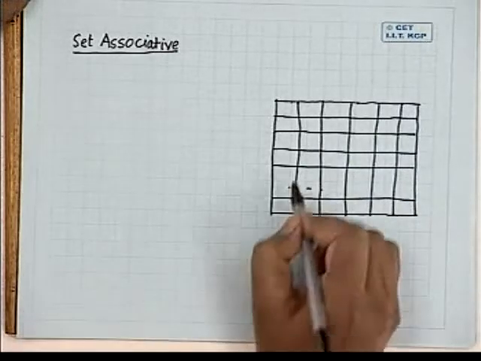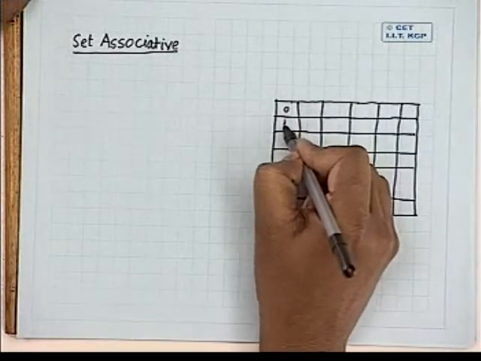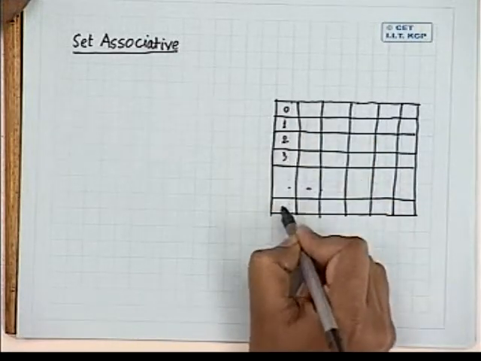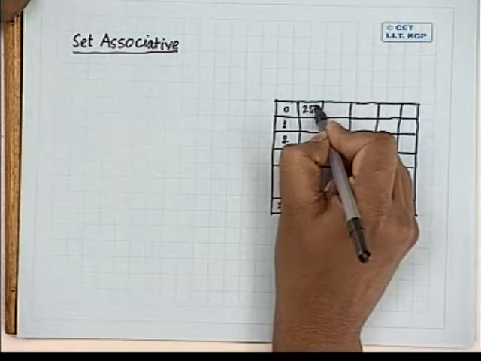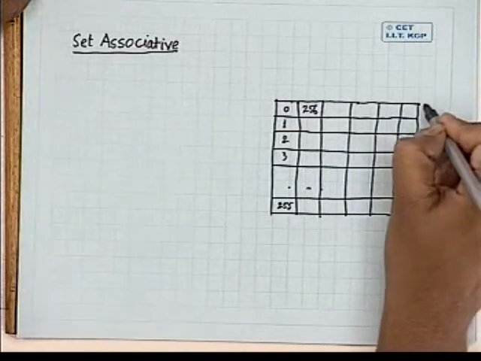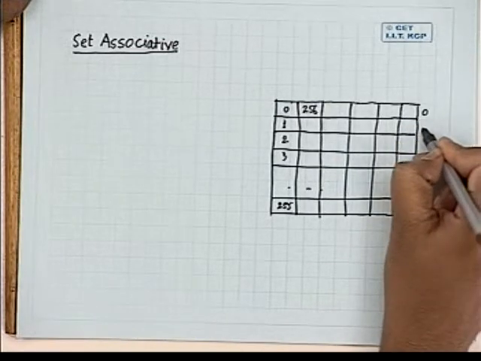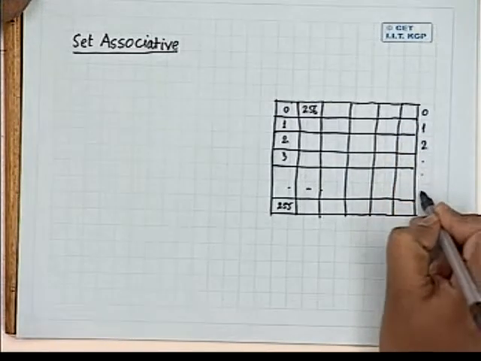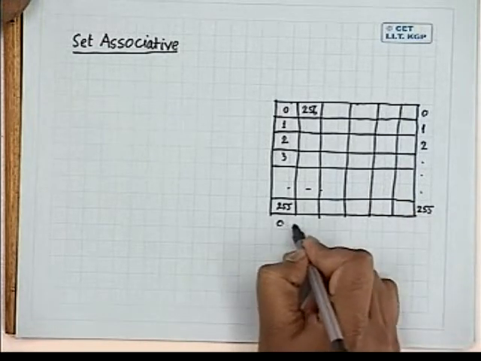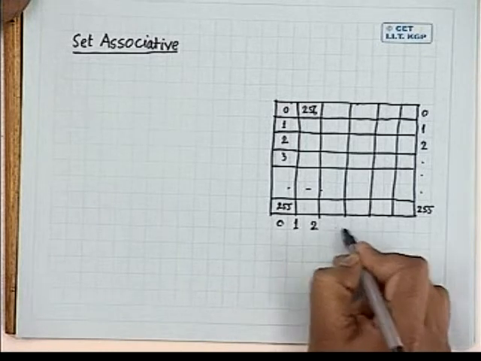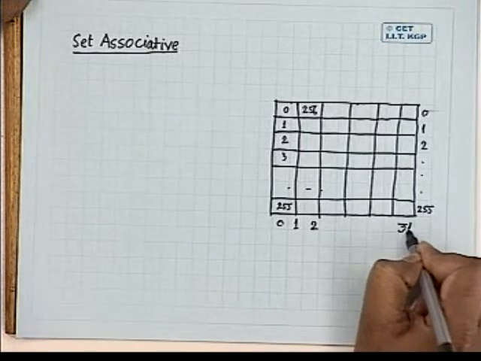So these are the main memory blocks: 0, 1, 2, 3, this is 255, 256, and so on. Here I'll have the number of groups 0, 1, 2 up to 255, and the tags 0, 1, 2 up to 31.